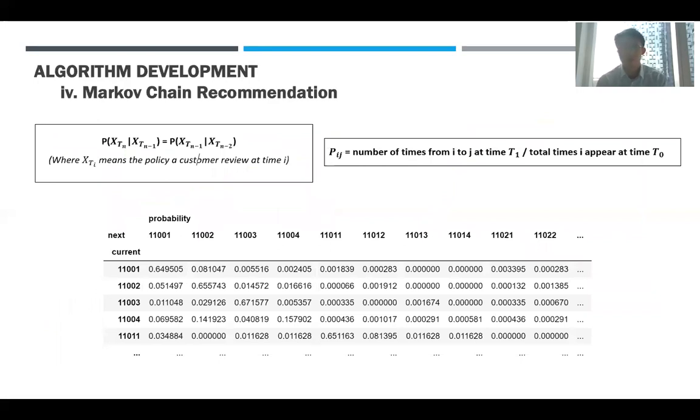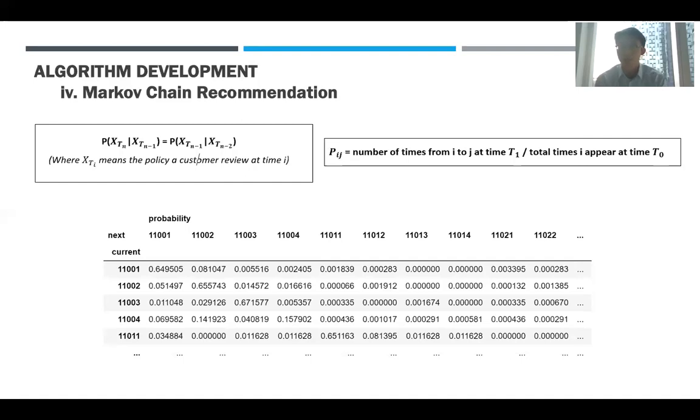First of all, the Markov Chain is a conditional probability, which means the current event that happened relies only on the previous event. So based on this, we construct a transition matrix as we can see below. For each cell, Pij represents the probability that when i happened, j will happen.